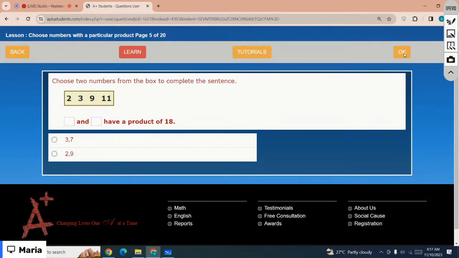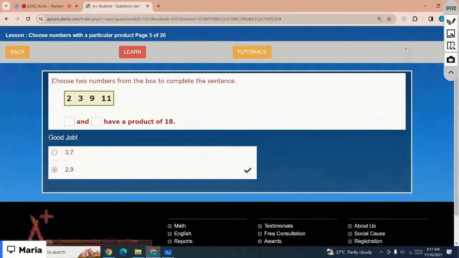The correct option is, very good, 2 times 9 makes 18. Option number 2 is the correct option.